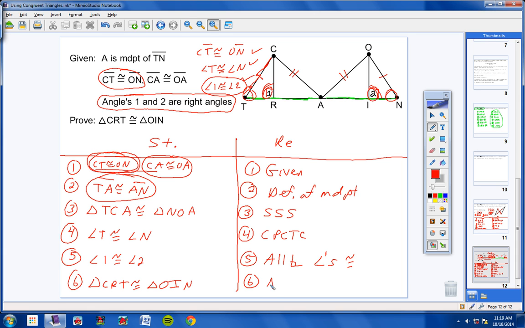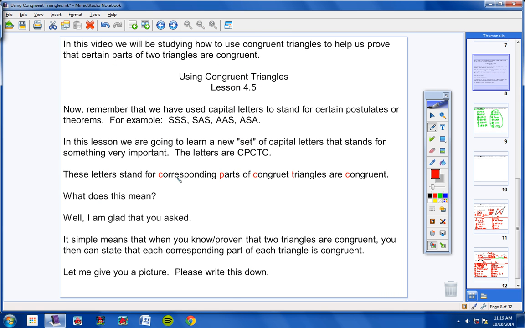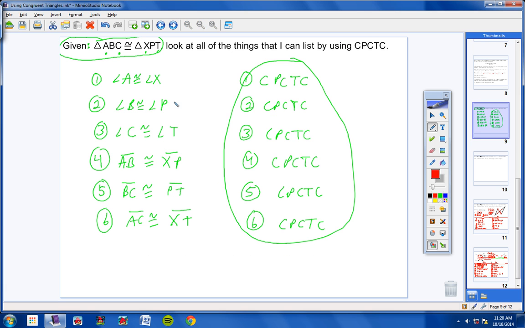Now let's stop and think what we've learned today. First of all, we've learned that we're going to use a new set of letters called CPCTC. Secondly, we looked at what that means. That means that we can list 6 different things when we know that 2 triangles are congruent, because there are 6 parts congruent to 6 parts.